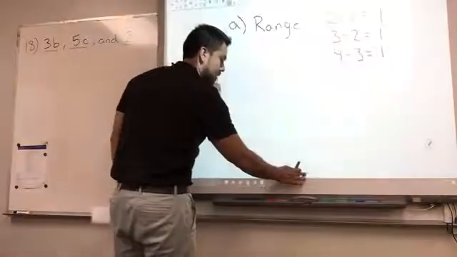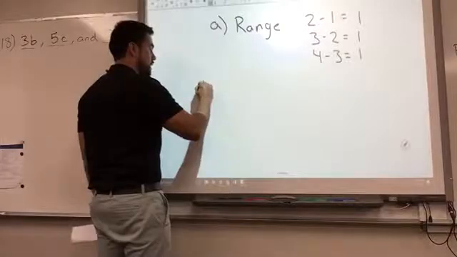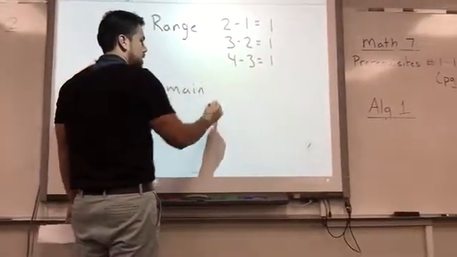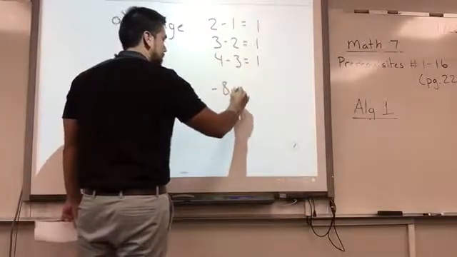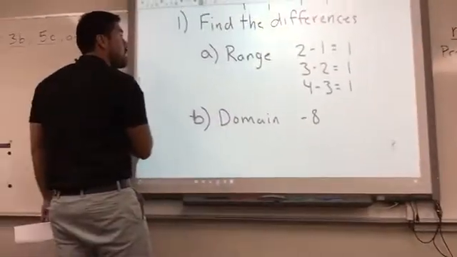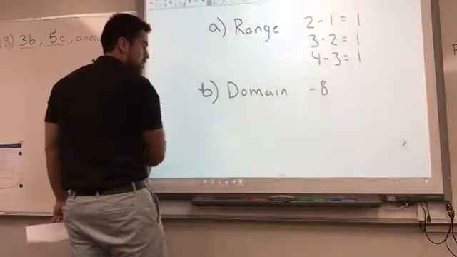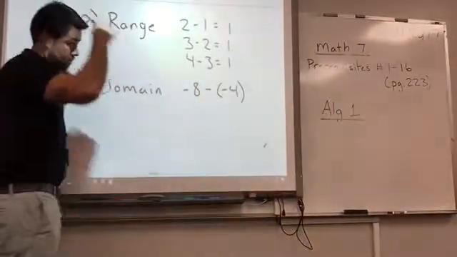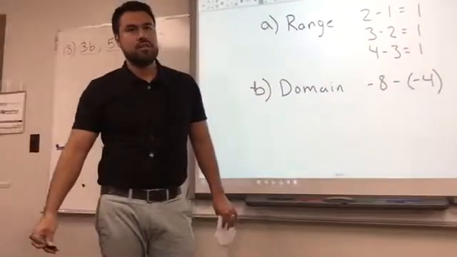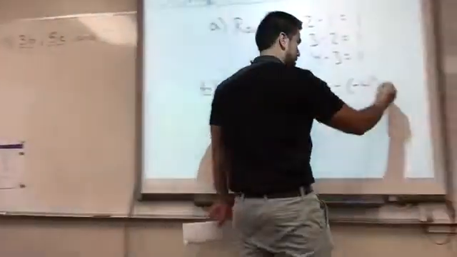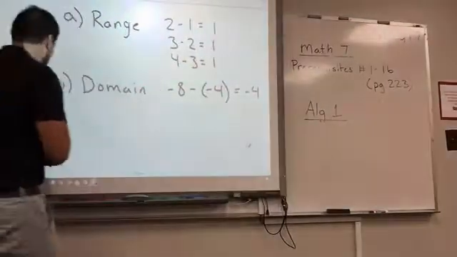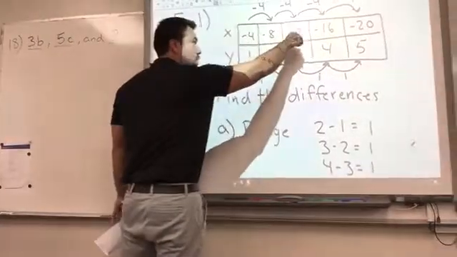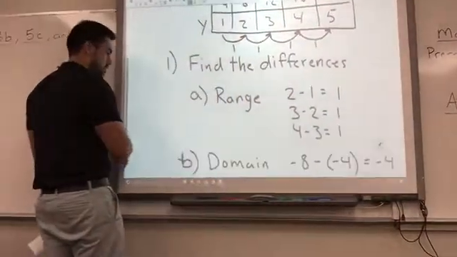I'm going to write that down because that's domain now. We're on B. Domain, and we did -8 minus -4. All right, ready? -8 minus -4. What's that? -4. And then the other part of the pattern would be -12 minus -8.